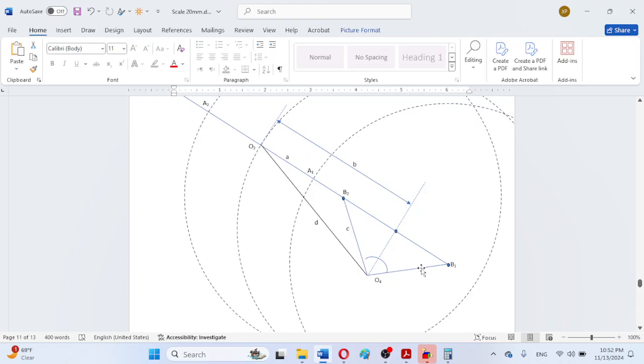First we will select these diagrams. What will be the method to select? We will select, for example, this position of the rocker, then press the Control button on the keyboard and click on this other extreme of the rocker.